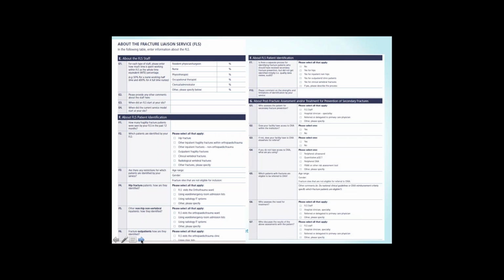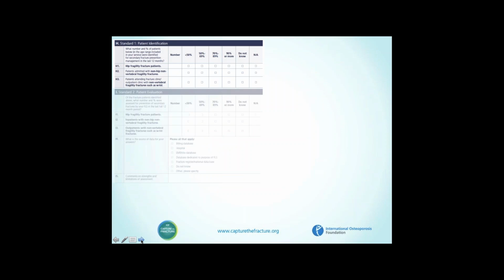G is about, once they're identified, who assesses a patient and who is eligible for DEXA and also the type of blood tests that are used. We then go into, by domain, what proportion of patients are identified, evaluated, and at which time points.